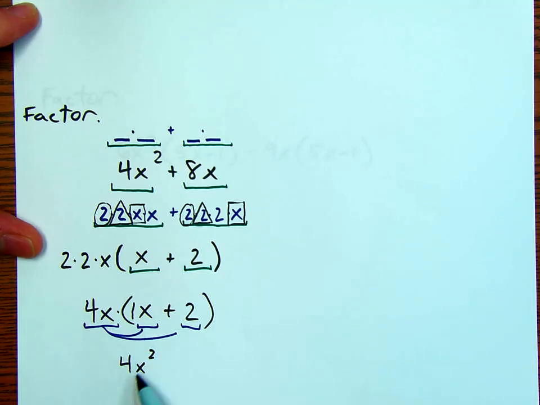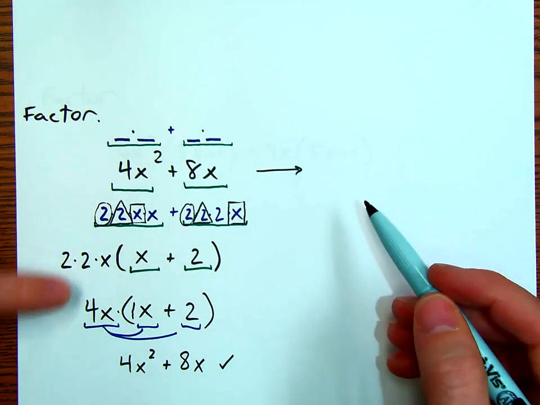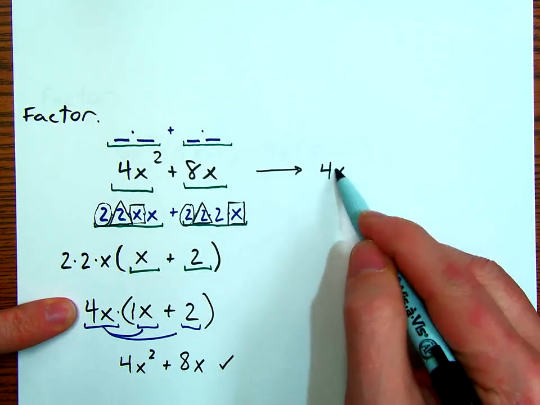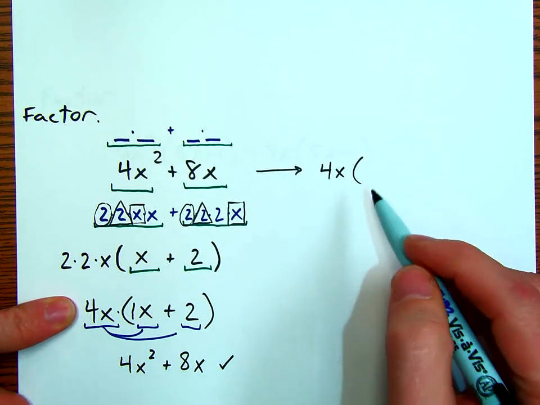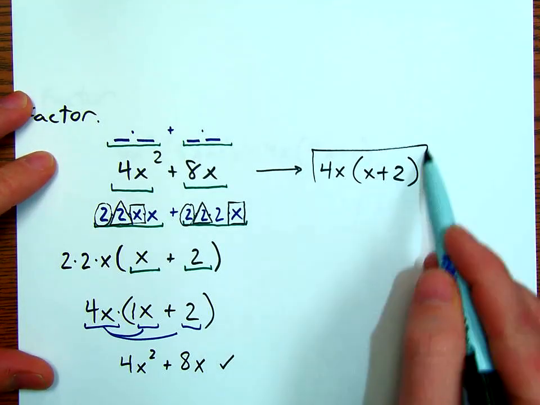So since we're multiplying them, that wouldn't be 2x, that'd be x squared. 4 times 2 is 8, and there are no x's here. So one of them and no more of them would still leave us with 1x. So we can see that when we distributed, we got what we started. So we know that this expression will factor into 4x as a greatest common factor on the outside, and x plus 2 still left over on the inside.